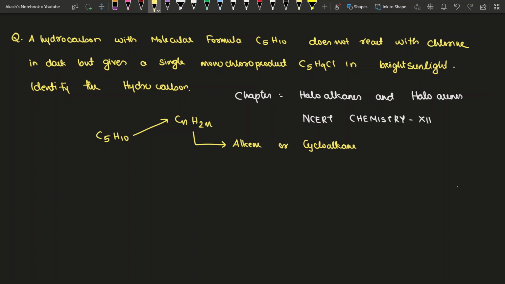The first statement is that the compound does not react with chlorine in dark. Consider both examples. If you consider a 5-carbon alkene, it can be pent-1-ene, CH3CH2CH2CH=CH2, or pent-2-ene, CH3CH2CH=CHCH3.